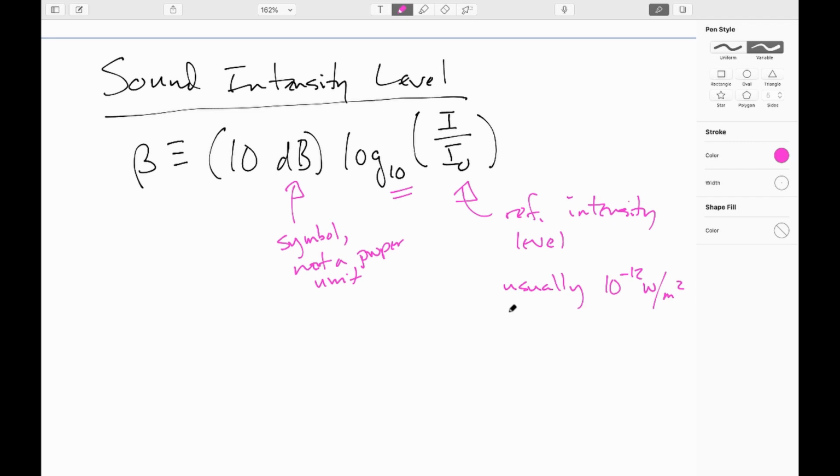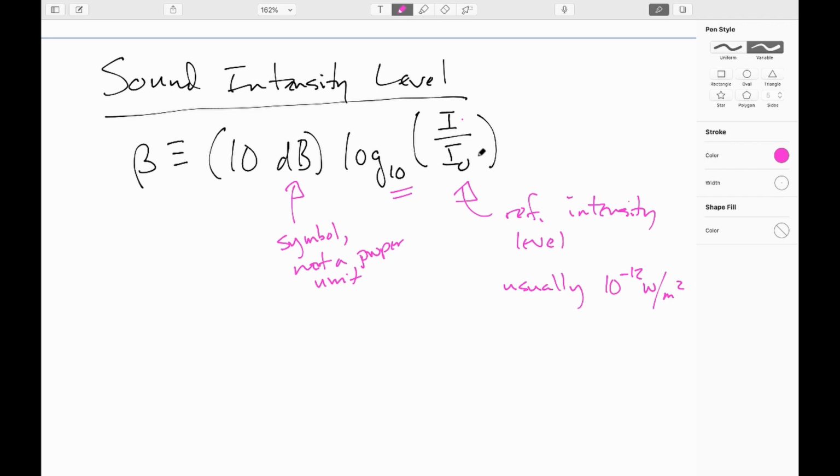Now, since this is a base 10 logarithm, if you were hearing something at 10 to the negative 12 watts per square meter, this ratio would be 1. The log of 1 is 0. And so a sound at the reference intensity level would have an intensity level of 0.